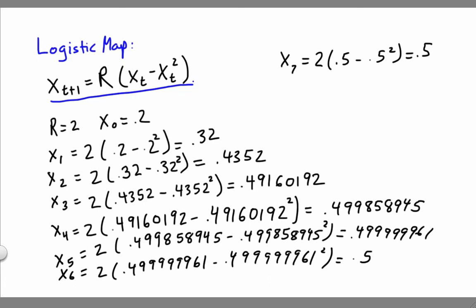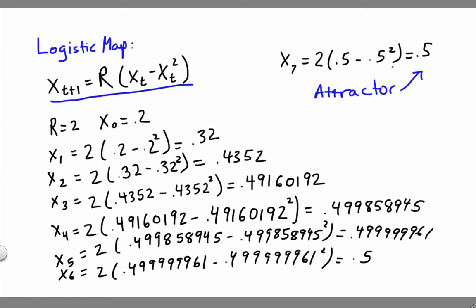The second thing to note is that this value of 0.5 is called an attractor. It's an attractor for the system because the system is, in some sense, attracted to it. It turns out that even if we had started with a different initial population, say x0 equals 0.8, the system would still end up with a value 0.5 after some number of steps.